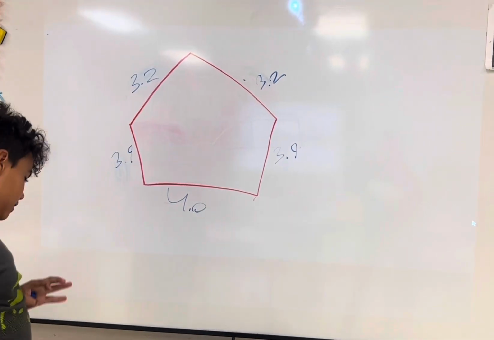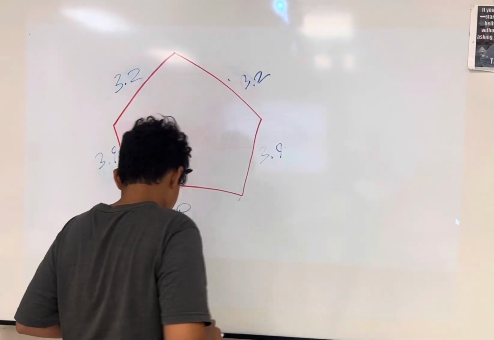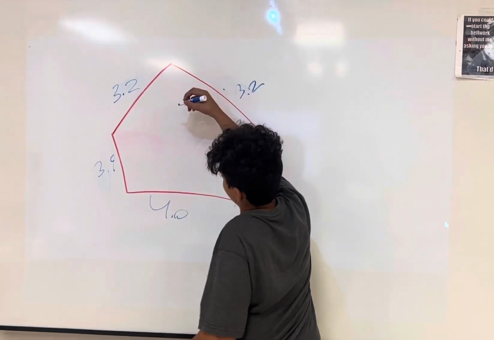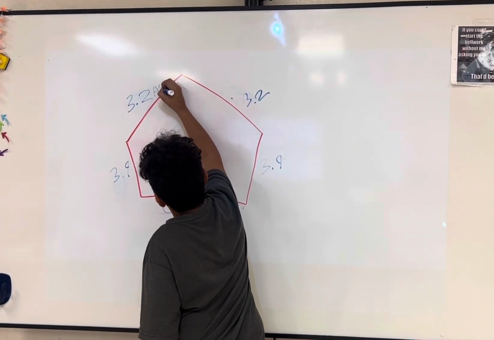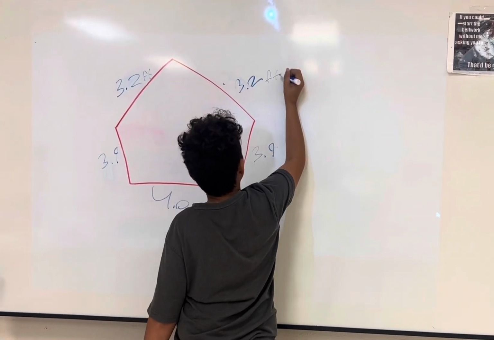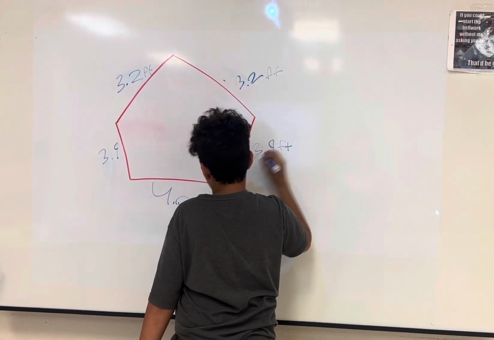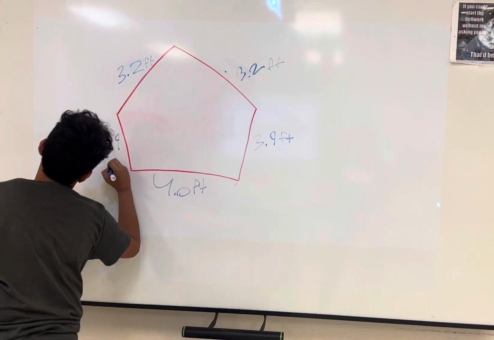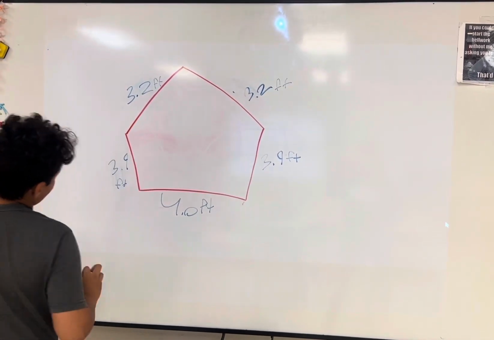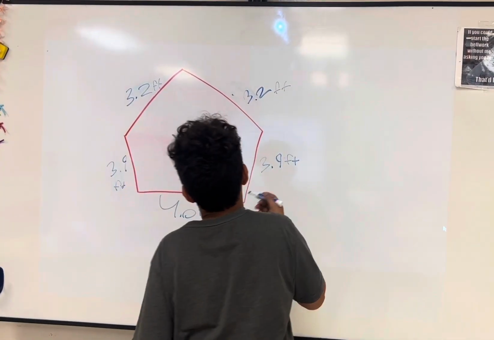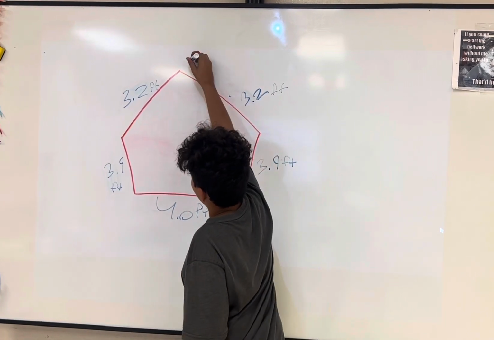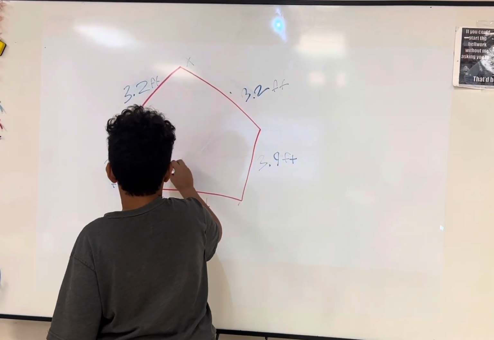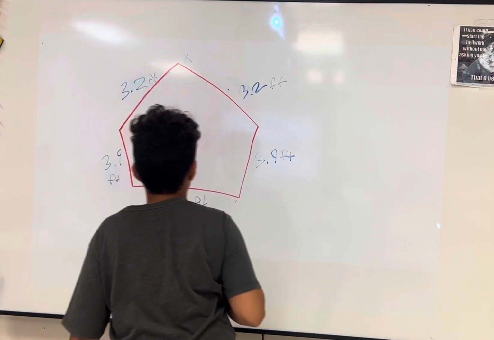So I would add those up, but these are also in feet, and feet. So I would add those up, and then I would just multiply those two, and just add this one up.